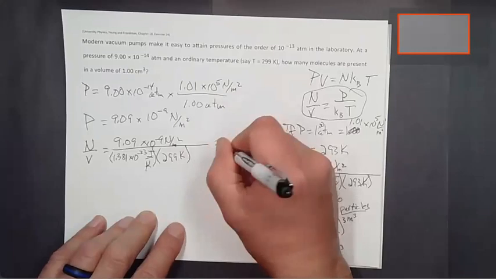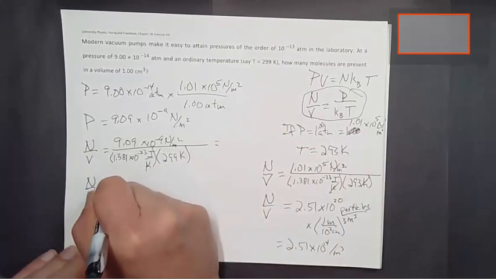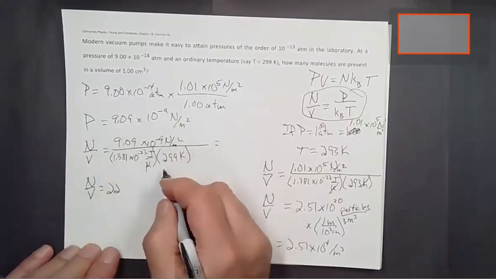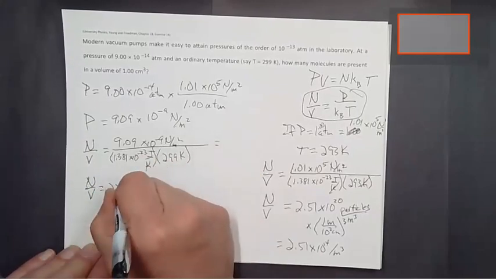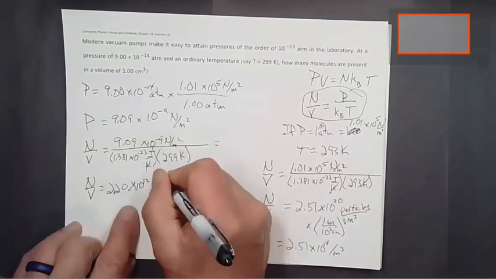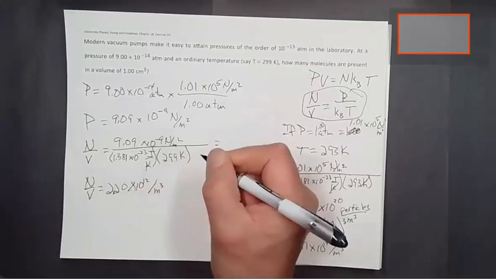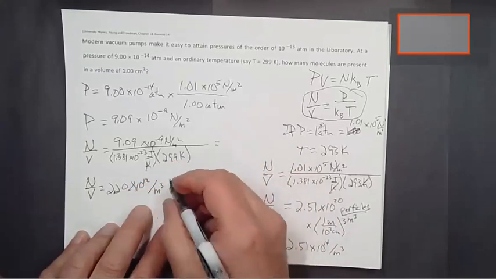Okay, I get N over V is going to be 2.20 times 10 to the 12th, I have 3 sig figs, per meter cubed, particles per meter cubed, which would just be a placeholder word.